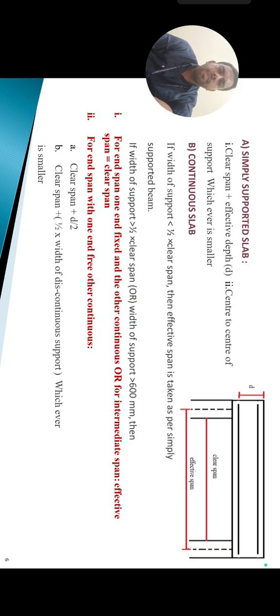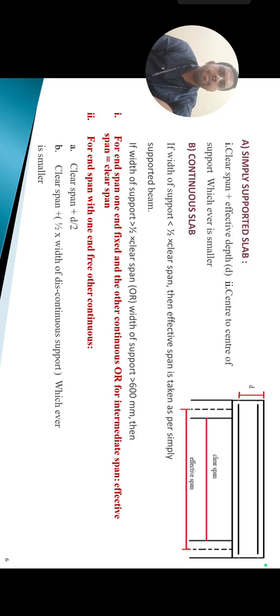For a simply supported slab, consider clear span plus effective depth, or center to center of supports, whichever is smaller. Here, of criteria 1 and 2, you have to consider the smaller value. In the case of a continuous slab, if the width of the support is less than half the clear span, the effective span is taken as for a simply supported beam.